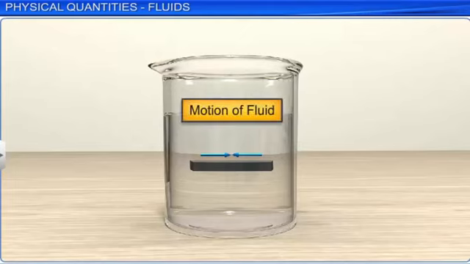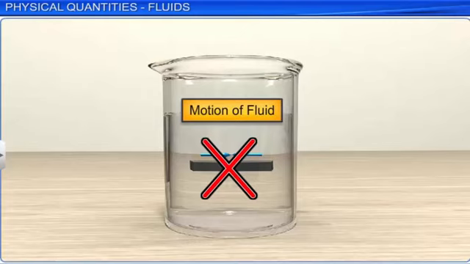However, the fluid is at rest. Since there is no flow of fluid parallel to the surface of the object, we can conclude that the force exerted by the fluid at rest is not parallel but normal to the surface of the object at all points.